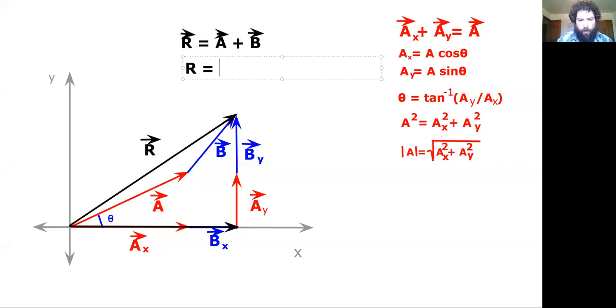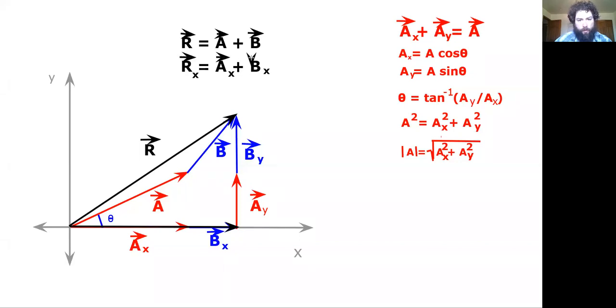So this is going to be Rx equals Ax plus Bx. I'll add those on. And so these are actually still vectors too.